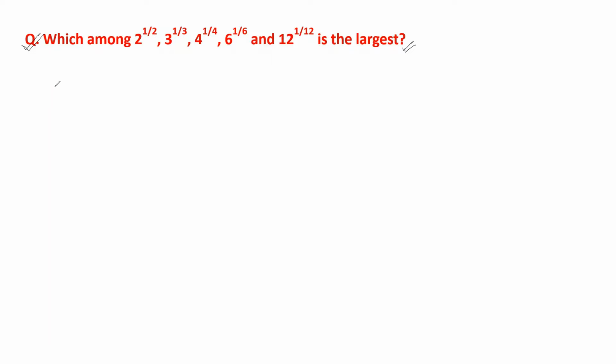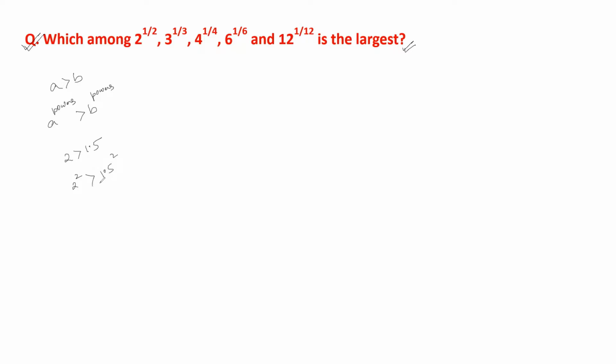That is, if a and b are two positive numbers, and if a is greater than b, in that case, the higher powers of a would also be greater than higher powers of b. For example, if I have 2 greater than 1.5, so the higher powers of 2, let us take it to be 2 square, and the higher powers of 1.5, in this case, this would be 1.5 square.